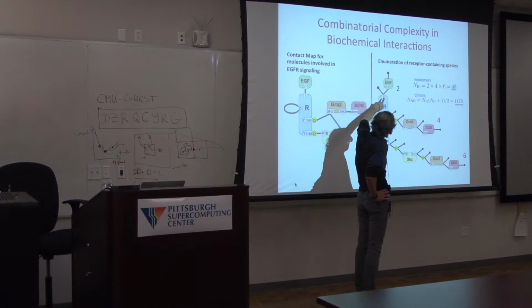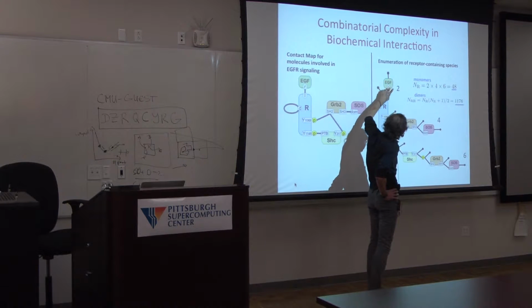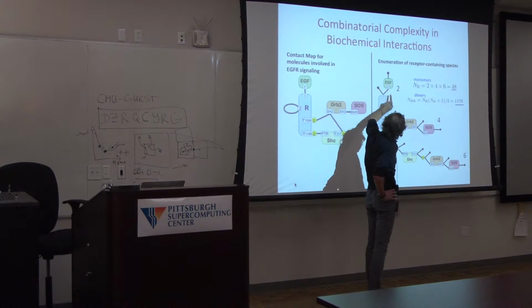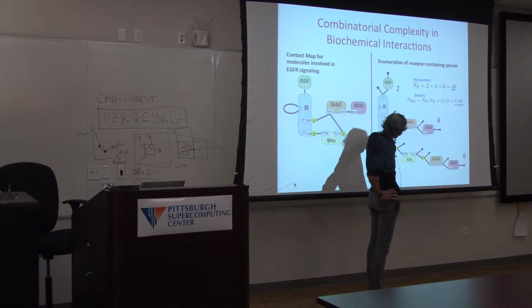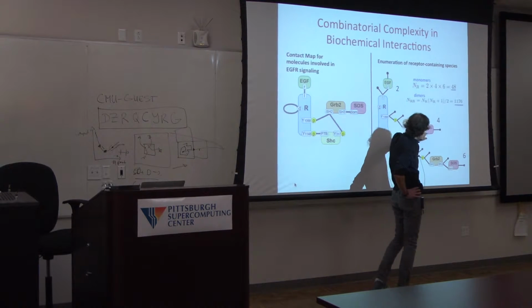So if we just do a simple accounting, looking at the tree of the possible states that can arise here, at each site, the ligand, for example, can be bound or unbound. For the phosphorylation site, we can have it be unphosphorylated, phosphorylated. If it's phosphorylated, it can be bound or unbound. If it's bound, it can be bound to another protein or not bound, and so forth.